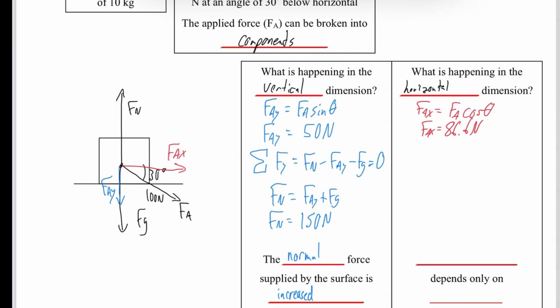And just like before, if this is frictionless, then the applied x force is going to be equal to our net force. So just like before, we will find that our acceleration depends only on the x component of our applied force.